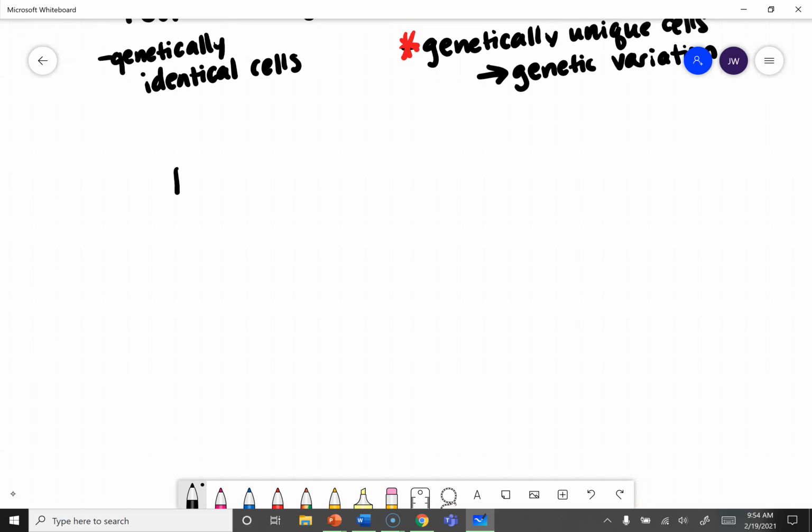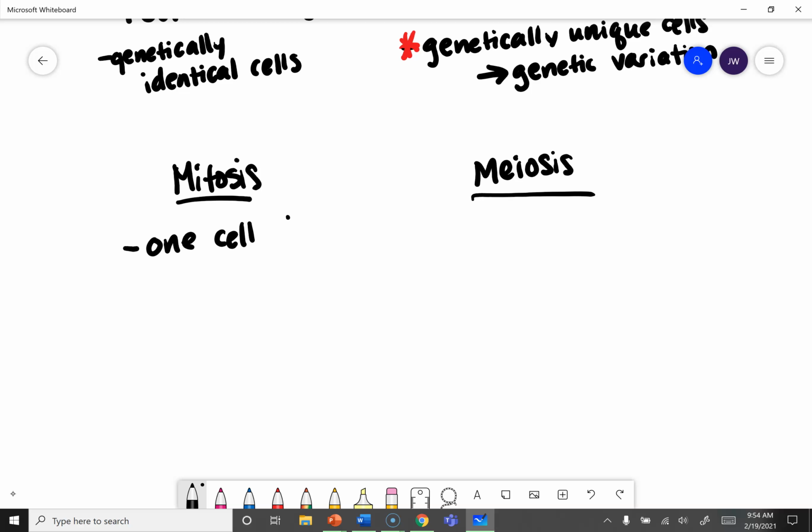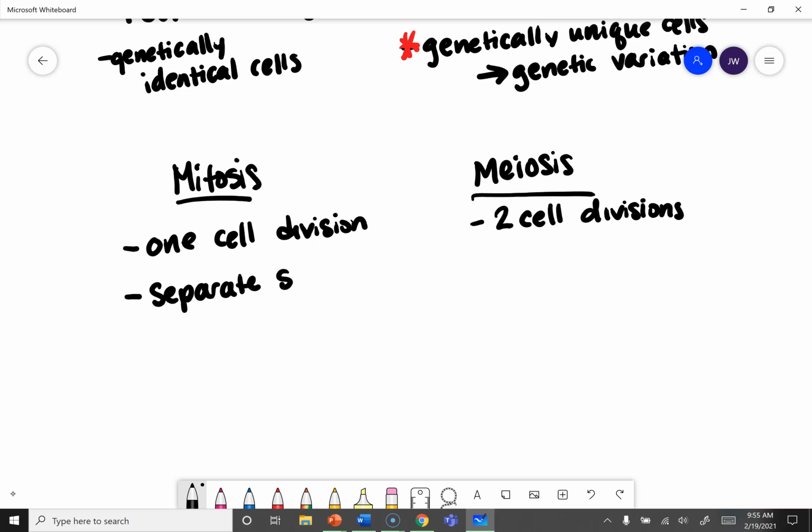So let's summarize those key differences. Mitosis has only one cell division, whereas meiosis has two cell divisions. In mitosis, we separate sister chromatids.